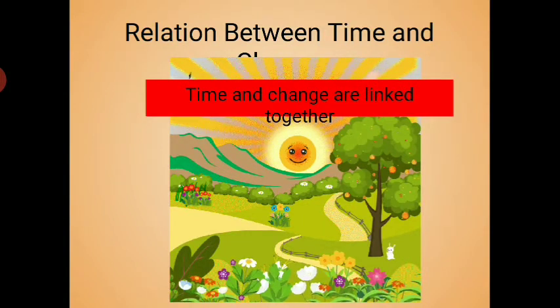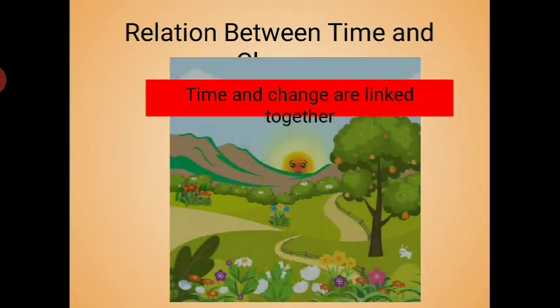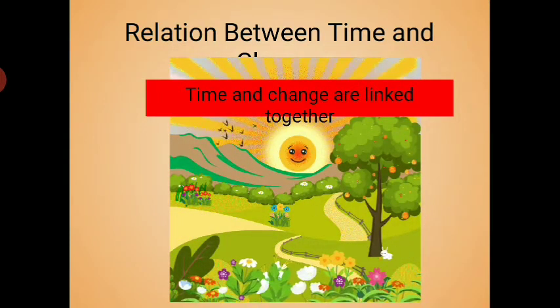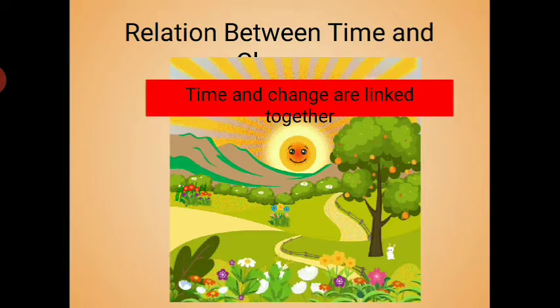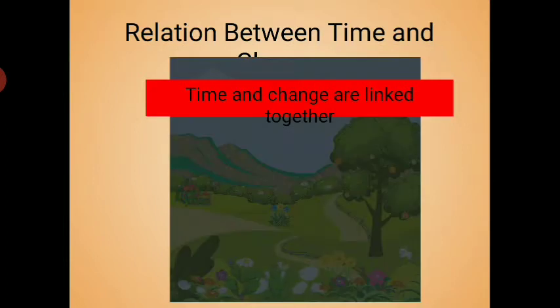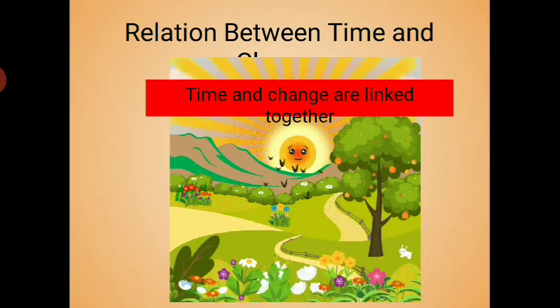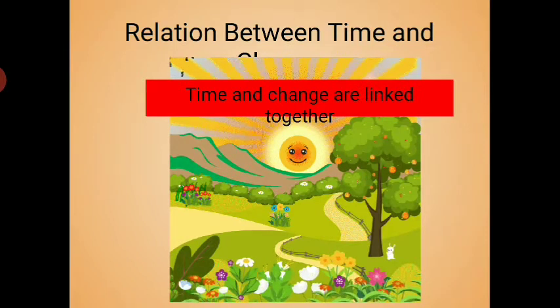So, in ancient times, people used such natural events repeating themselves at a regular interval of time. For example, sunrise and sunset, seasons in a year, changes in the appearance of the moon. To count and define the interval of time, the time interval between one sunrise and the next was called a day.